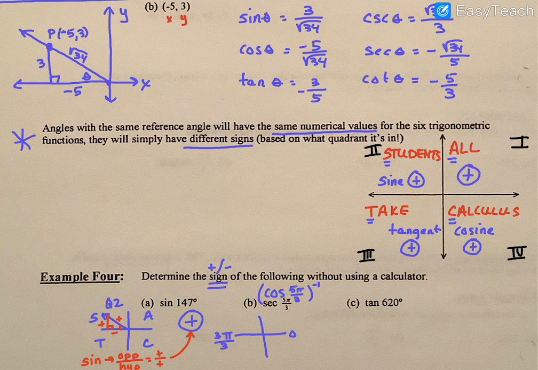Over here, 0 is also the same as 2 pi, and 2 pi in terms of thirds is 6 pi over 3. So based on that information, where would 5 pi over 3 be? You can assume rightly that 5 pi over 3 is going to be over there in quadrant 4.